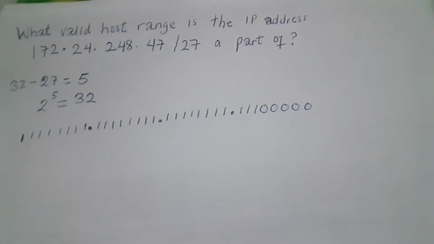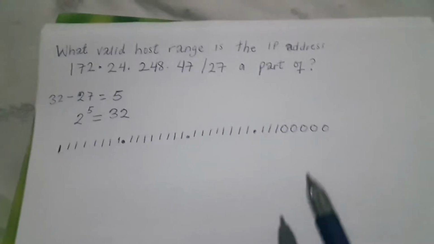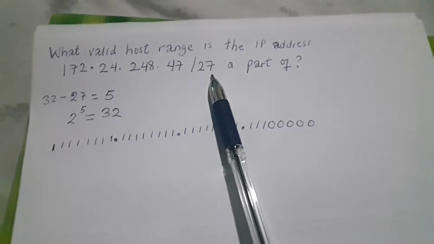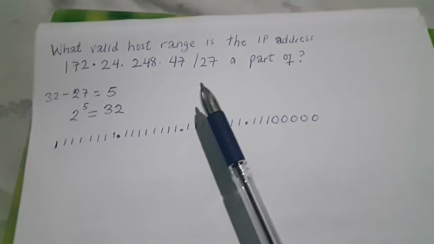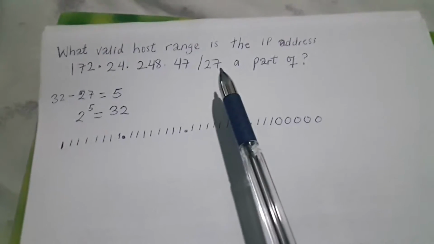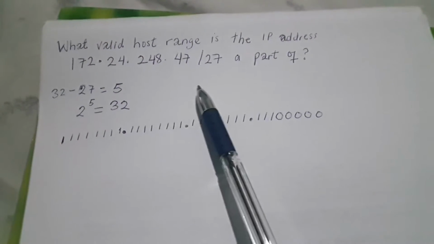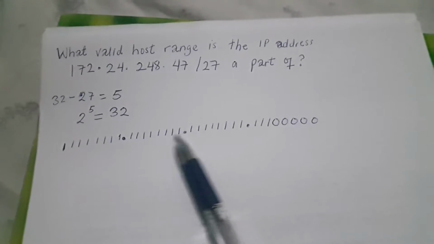This is the binary form for this /27. Whenever you are asked to write the binary number for 27, this is how it's going to look.